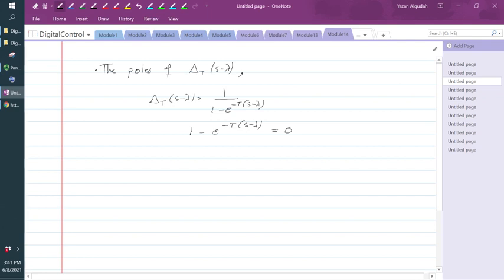When does this occur? If e to the negative T multiplied by s minus lambda is equal to 1.